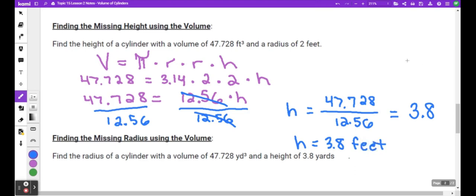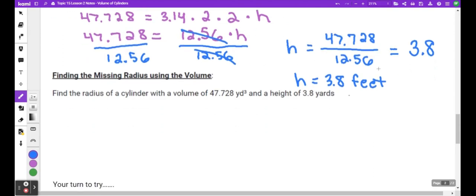For the last example, we're going to find the missing radius using the volume. And similar to the problem we just did up above, we're going to start with our formula. So volume equals pi times, I'm actually going to leave this as r to the second power for this example, and we'll talk about that in a second, times h.